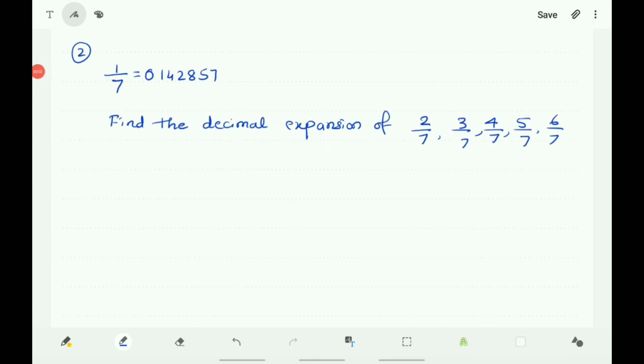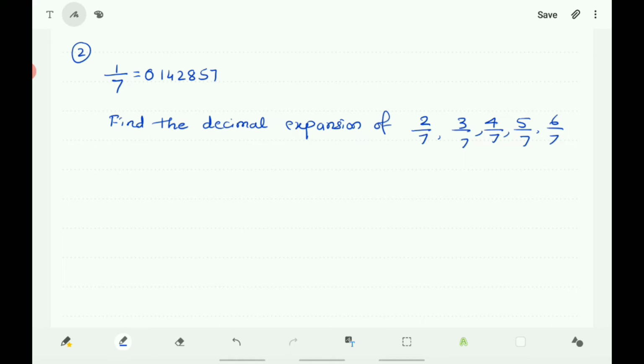See the second question. You know that 1 by 7 is equals to 0.142857. All the 6 digits are repeating here, recurring here. And can you predict what the decimal expansion of 2 by 7, 3 by 7, 4 by 7, 5 by 7, 6 by 7 is, without actually doing the long division? If so, how?